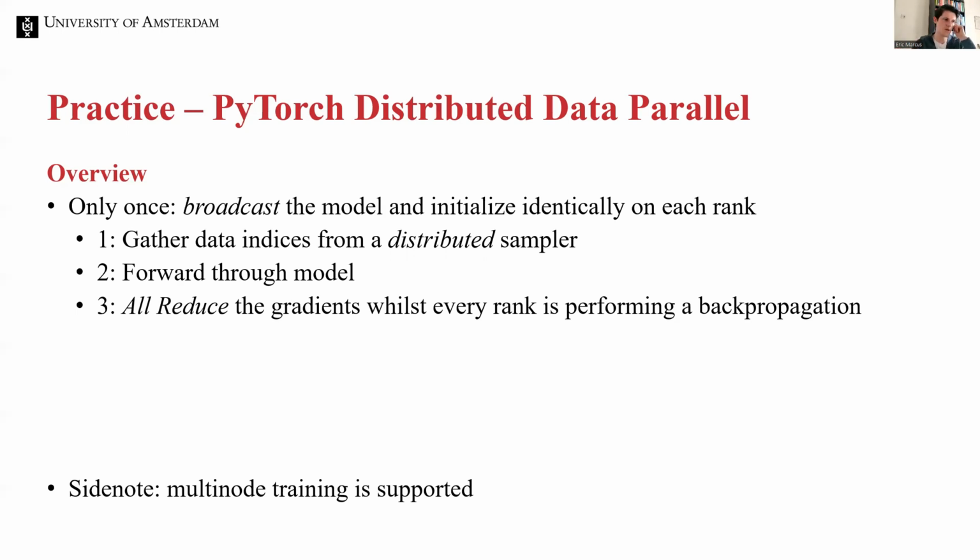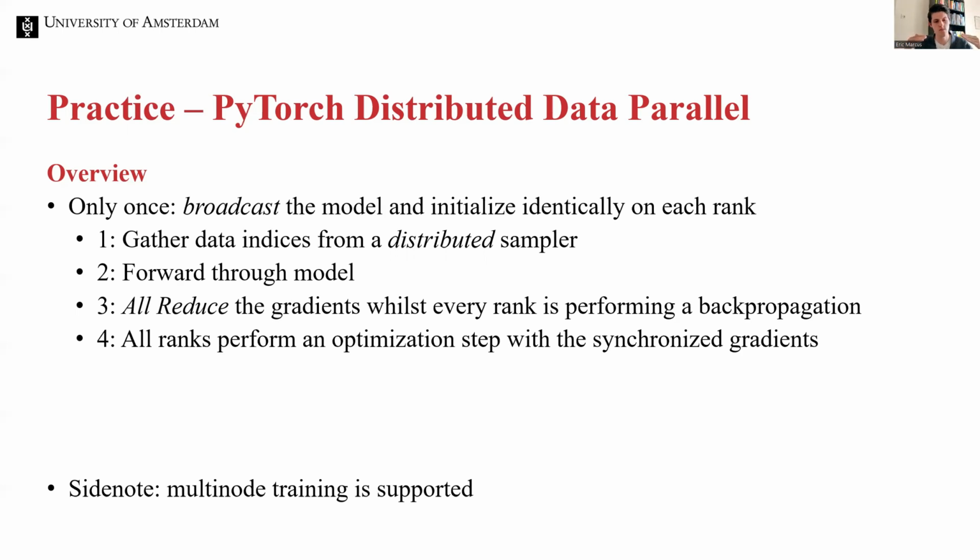After we have done that, all of the ranks simultaneously perform the optimization step and update their local model. Right? Nothing has to be copied over and moved around. And of course, after that, we're going to repeat it, right? Because we now have our new models, and we're going to look at some new data indices, forward it, backpropagate, synchronize, and go on again. So a lot less overhead is needed.